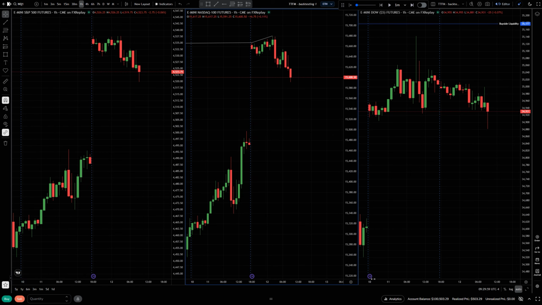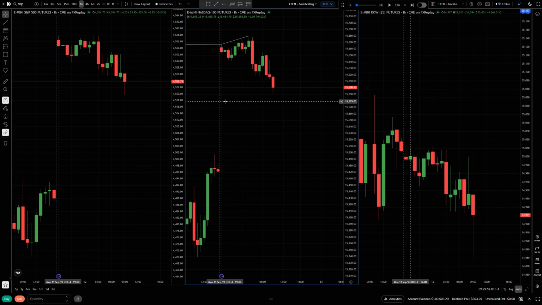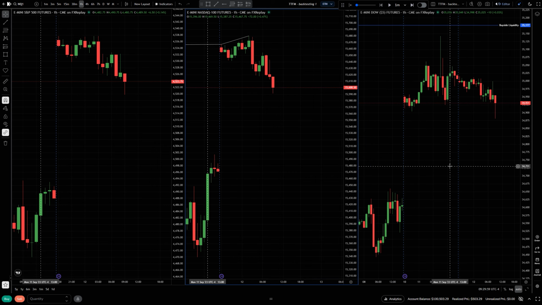But NQ looks like it wants to fill this gap here. I don't know where the contract switch was on the 10th on YM, but on the 11th on NQ. Don't know why. So looks like we are going down for now on all the three assets.